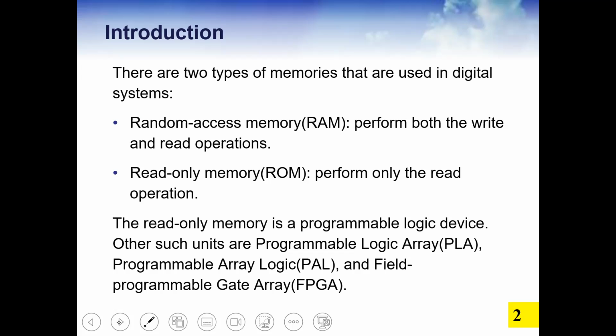So there must be a strategy to identify or give the address of each register, so that we can tell the memory we are going to use this particular register. For example, we have 8 registers, and each register can store 8 bits.